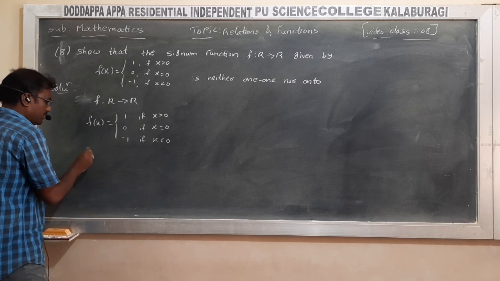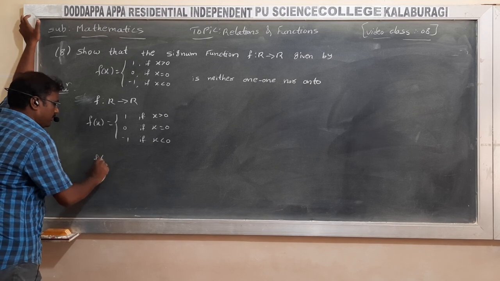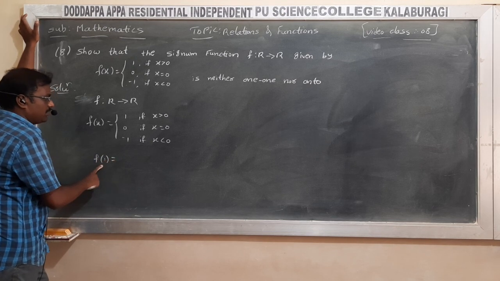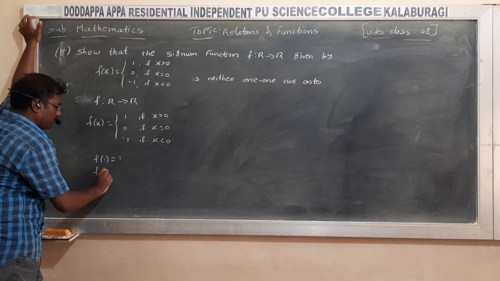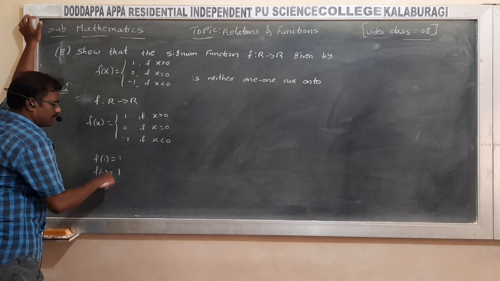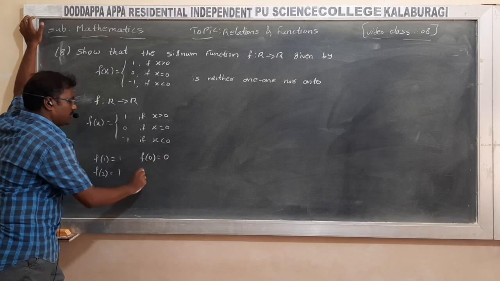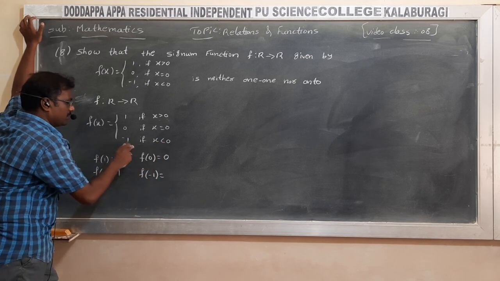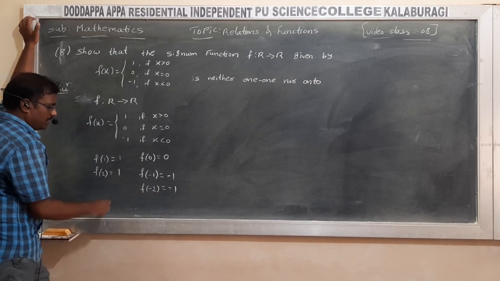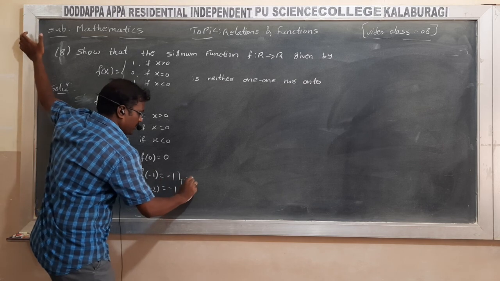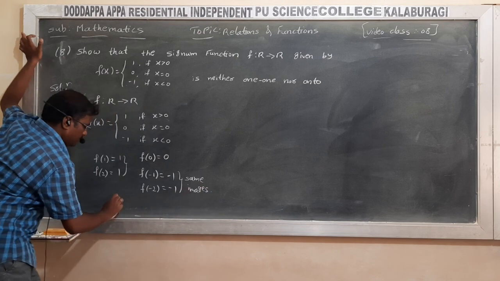First you have to check one-one and onto. So we know that f of a value greater than 0 means 1 only. But when it comes to another value greater than 0, again the answer is 1 only. Similarly, f of 0 is equal to 0, but when it is less than 0, we get minus 1. If f of minus 2, again minus 1. So here are same images. So therefore it is not one-one.